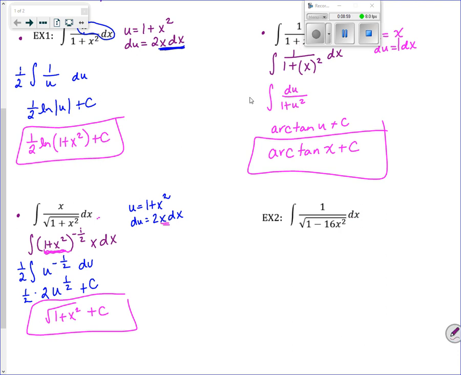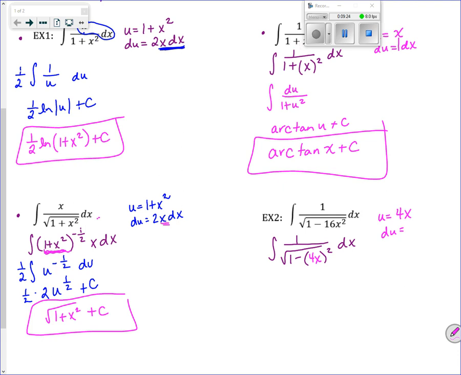So let's make it where I emphasize the form. If I wanted to rewrite that problem as something squared, what would that something be? Well, to not change the problem, that would have to be 4x, because that tells me what u is.